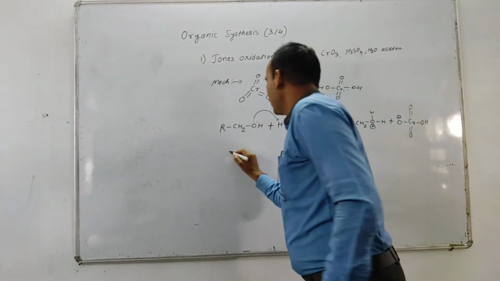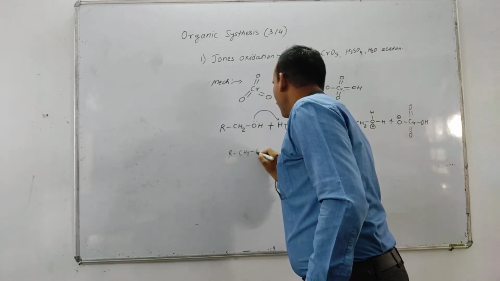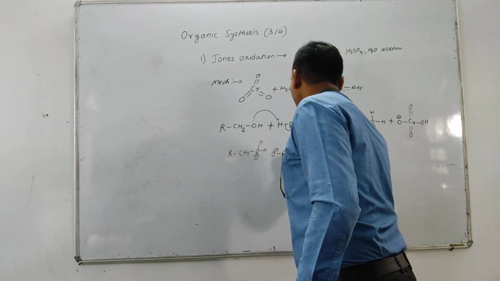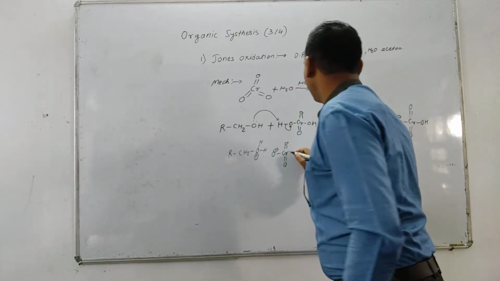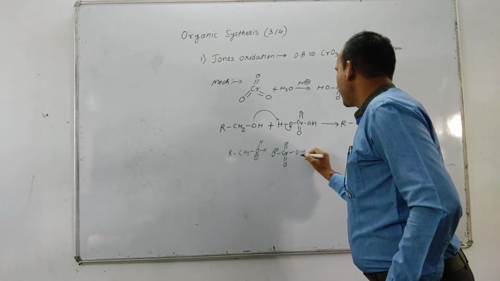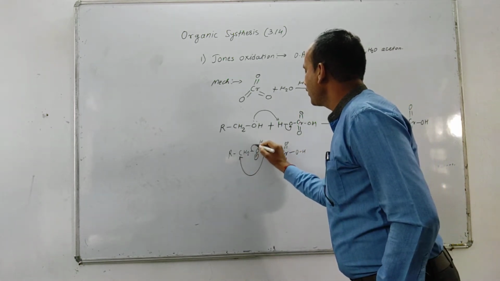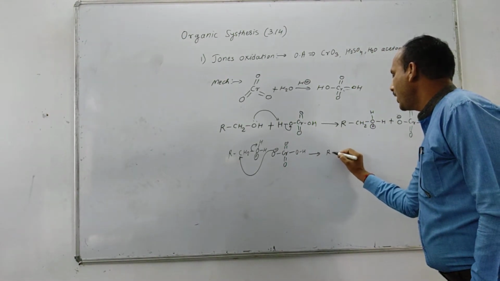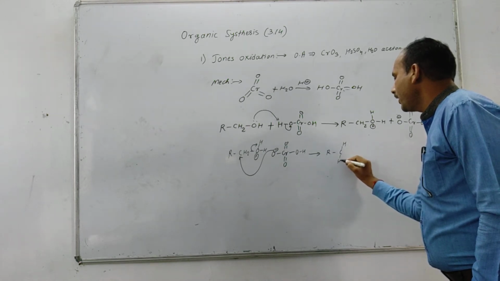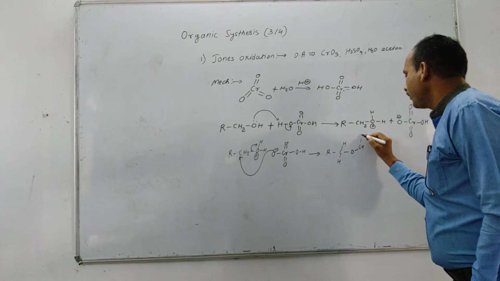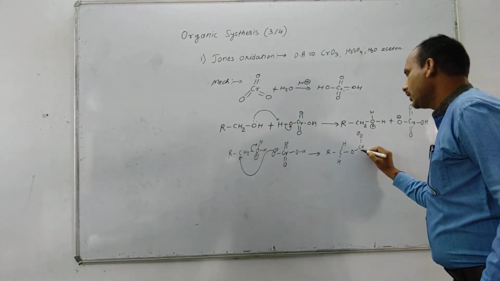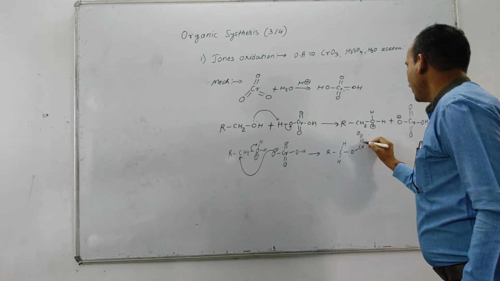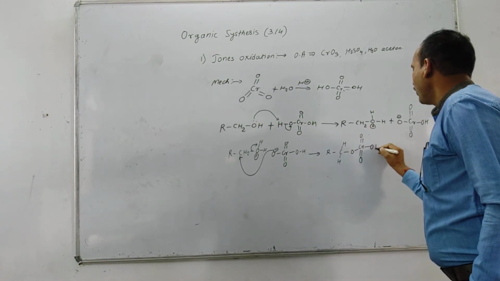I write here again RCH2OH plus. So this O minus CrOOH attacks here, loss of water molecule takes place, and due to the loss of water, formation of RCH2-O-Cr-O minus takes place. This attacks this, there is loss of water molecule, Cr double bond O, double bond O, OH.